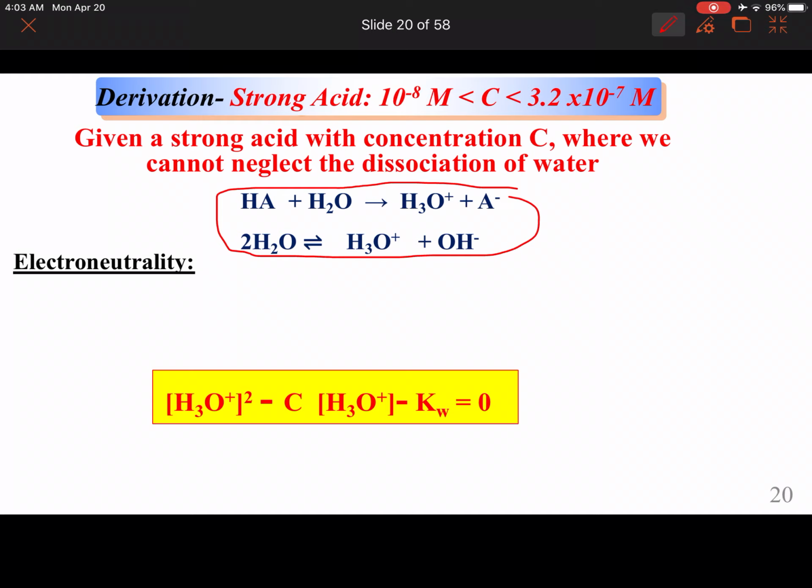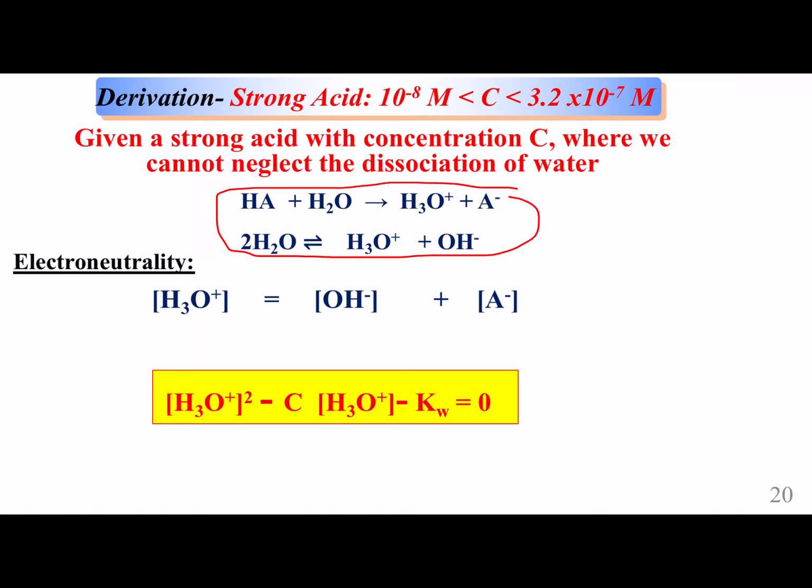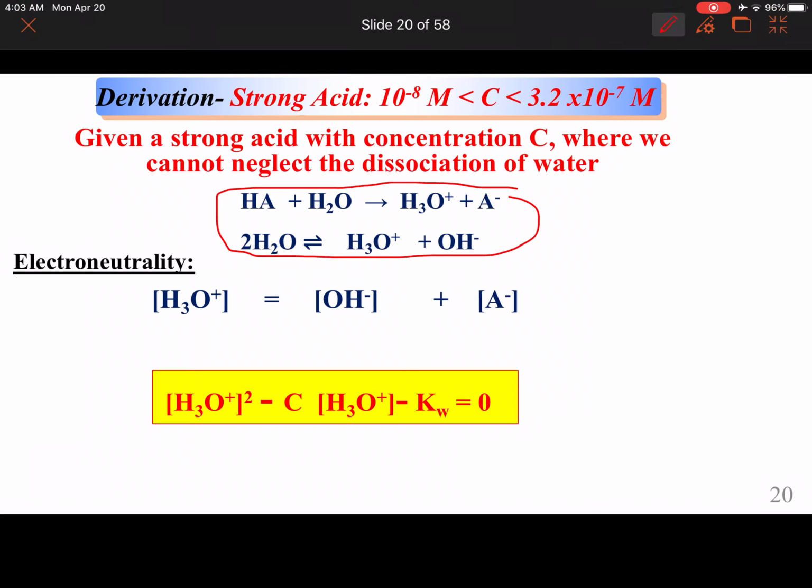And now from these species, these compounds, let's put all the positives on one side and all the negatives on the other, and thus make the solution electrically neutral. So what are the positives? Well, H3O plus is on one end, because I'm trying to look for anything that's positive.